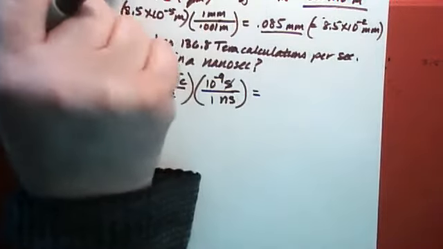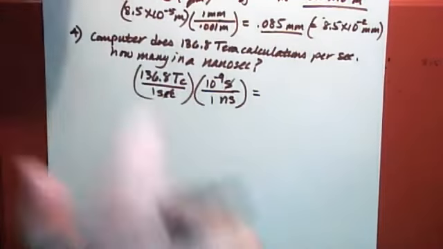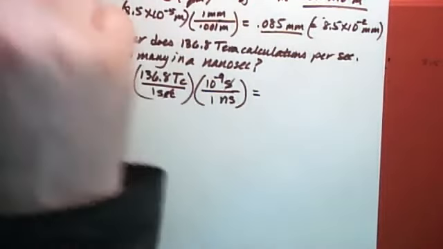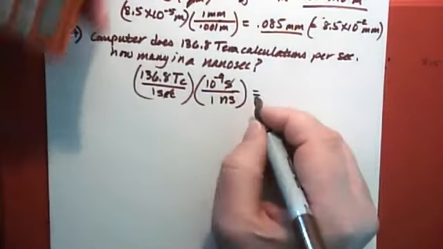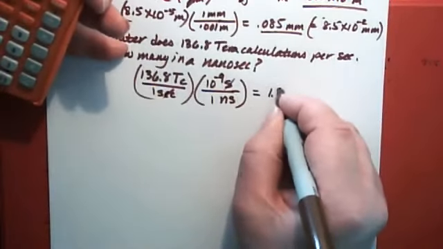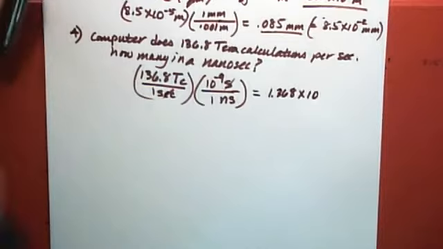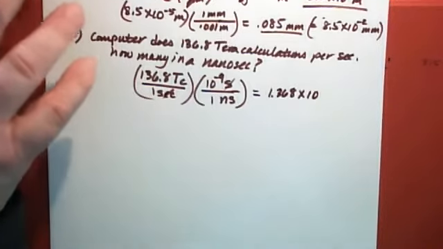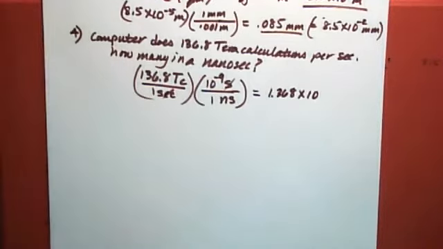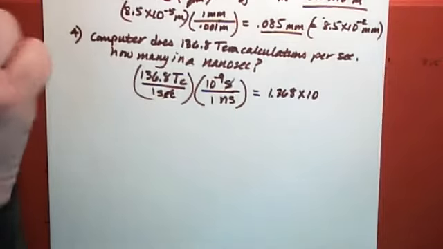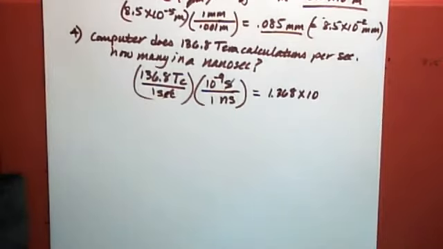So let's see, 136.8 times 10 to the minus 9. To put that into proper scientific notation, that's 1.368 times 10 to the minus, never mind. 136.8 times... one, two, three, four, 5, 6, 7.